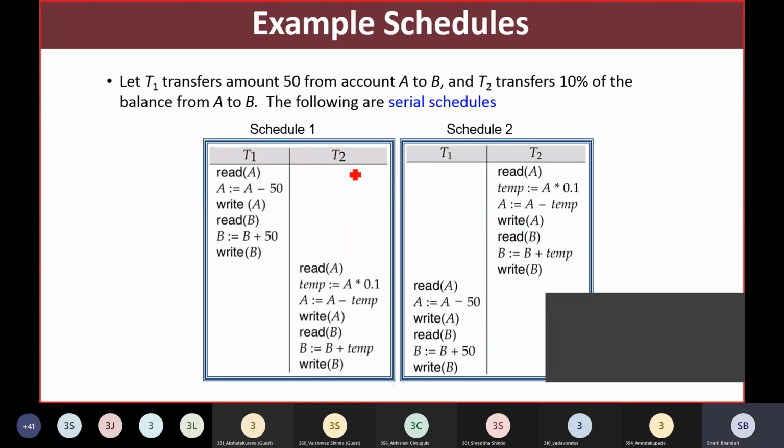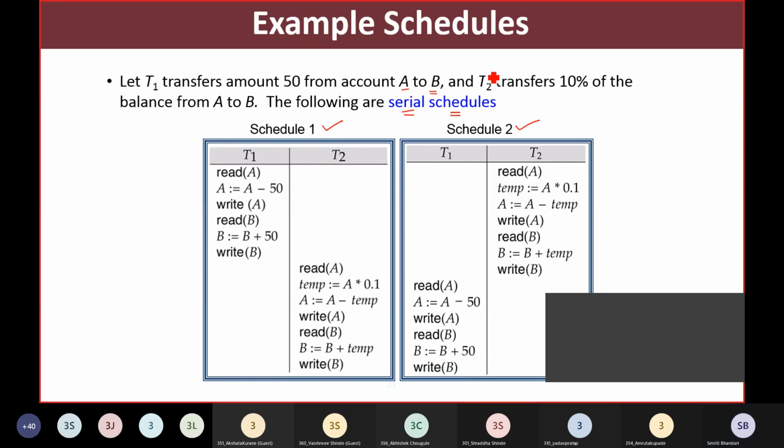See here, we have two transactions T1 and T2, and we have come up with two serial schedules, schedule 1 and schedule 2. What is T1 doing?